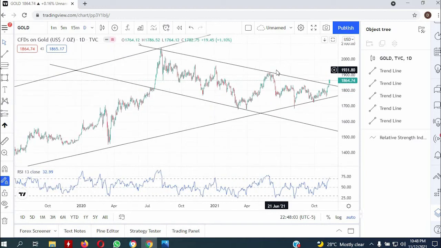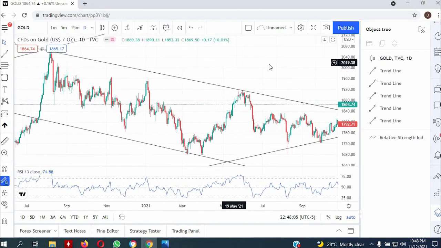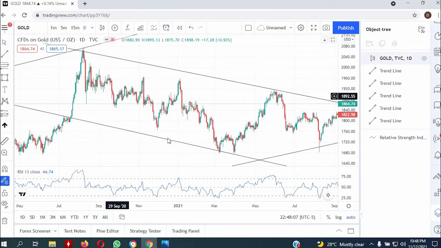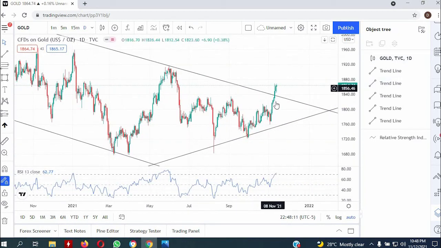As you can see on the daily time frame, gold was creating lower highs and lower lows. Now the gold is trying to break out of this correction and make an up move.